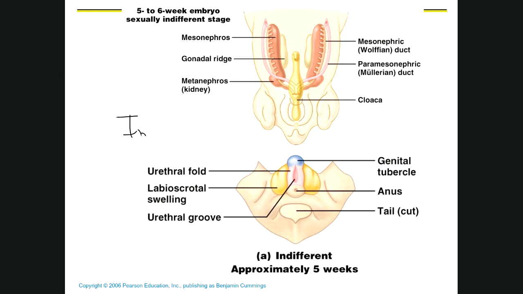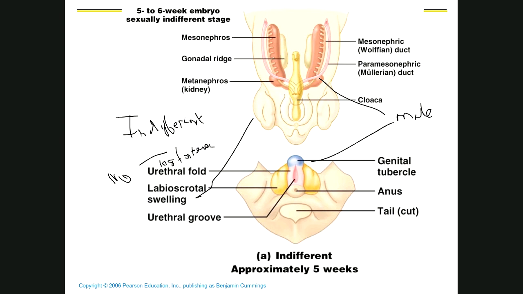And what's going to make it become one or the other is this testosterone. So if we have testosterone, this is all going to become a male. But if we don't have testosterone, no testosterone, then this is all going to become a female.